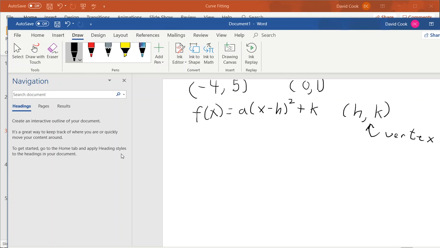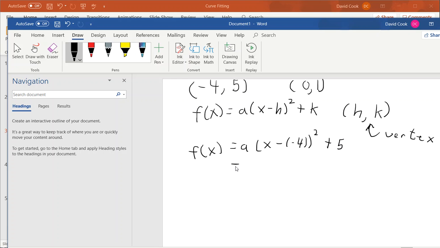Now I can plug these points in and let's see what we get. Based on what they give me, f of x is going to equal a times x minus negative 4 quantity squared plus 5.